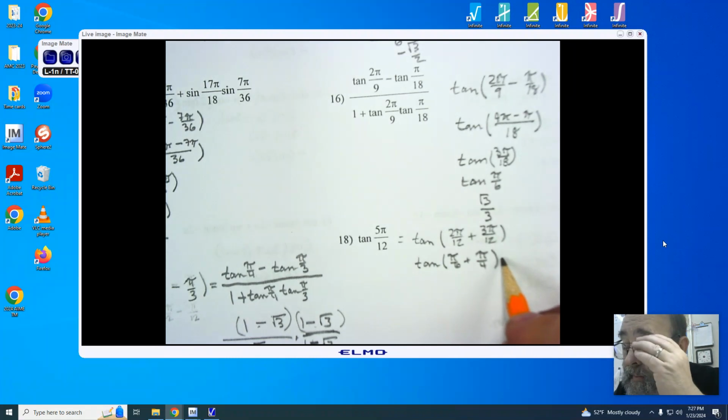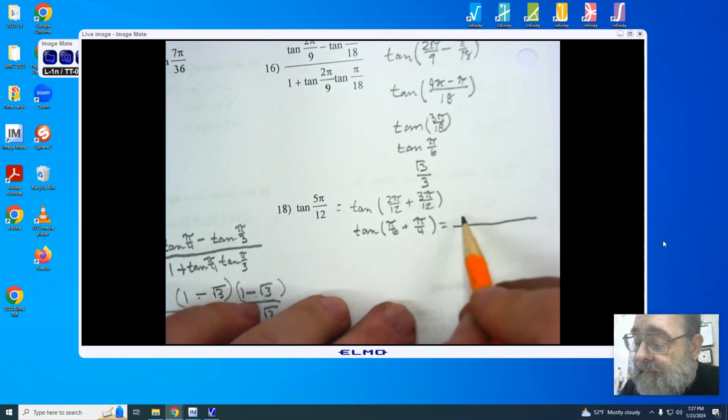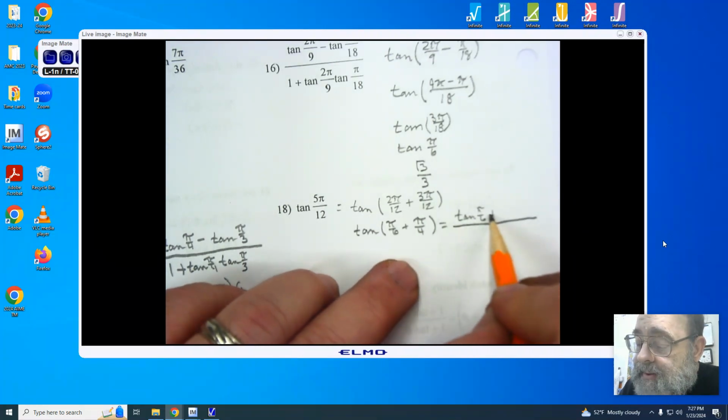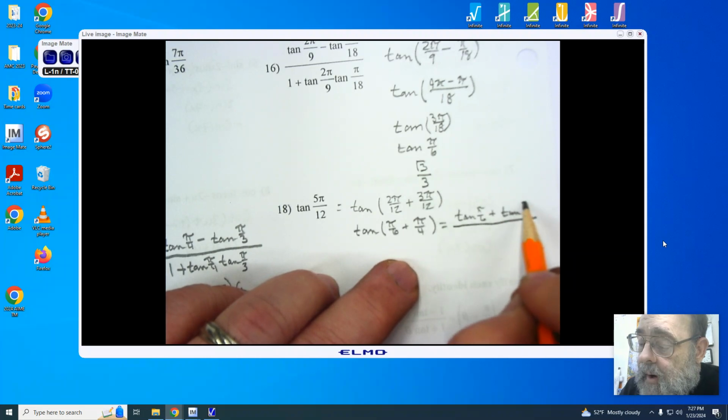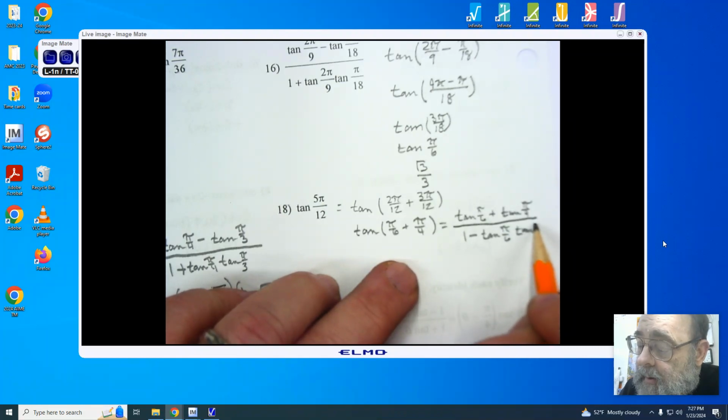Now I go to my formula. Putting it into the formula, we have tangent of pi over 6 plus tangent of pi over 4 divided by 1 minus tangent of pi over 6 tangent of pi over 4.